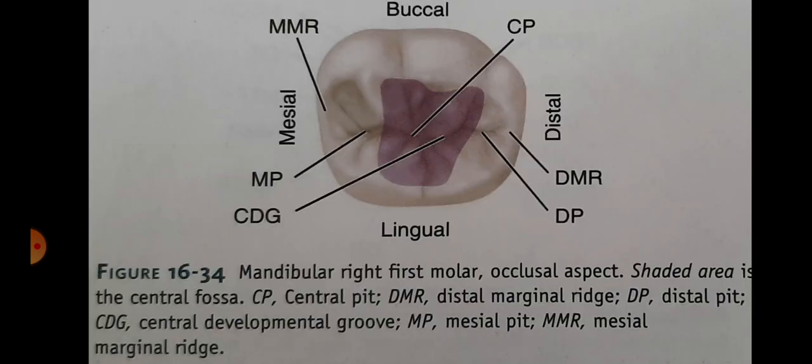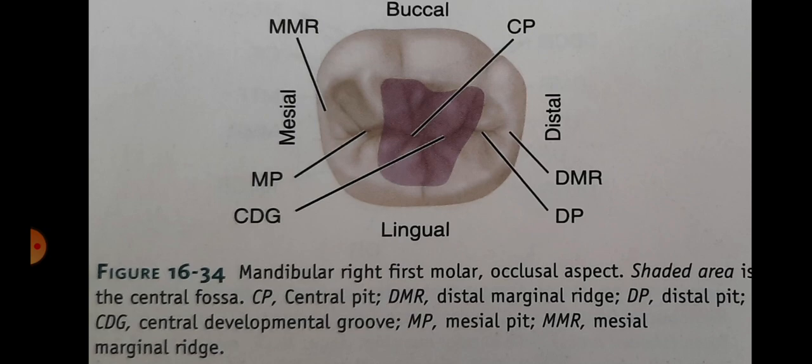Figure 16.34, mandibular right first molar, occlusal aspect. The shaded area is the central fossa. CP is the central pit. DMR is distal marginal ridge.